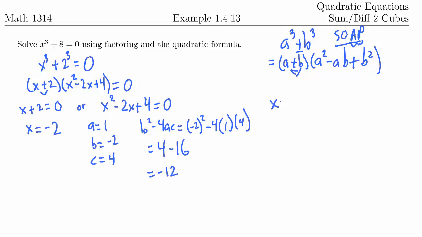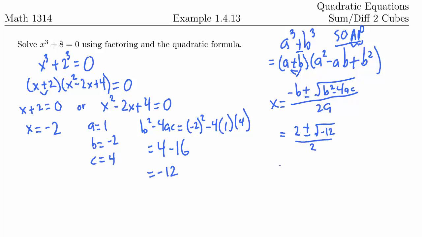So using the quadratic formula, I get x equals negative b plus or minus the square root of b squared minus 4ac all over 2a. So opposite of b is positive 2 plus or minus the square root of negative 12, all divided by 2 times 1, which is 2.